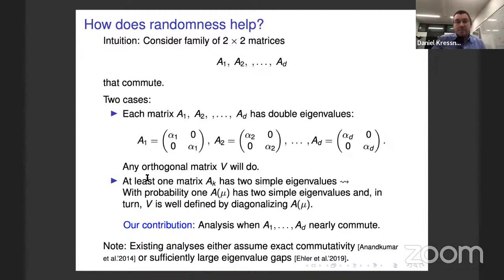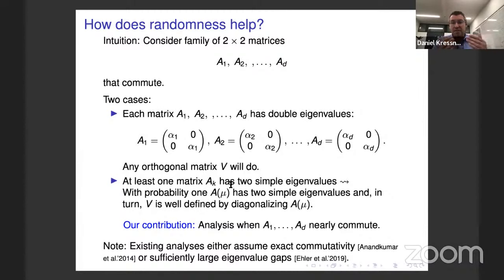Now, the other situation is that at least one of the D matrices has two simple eigenvalues, two distinct eigenvalues. Then you take a random linear combination, and you must be very unlucky to not take this matrix into account, where mu k would need to be 0. This happens with probability 0. If you take a Gaussian random variable mu, it's not going to be 0 with probability 1.